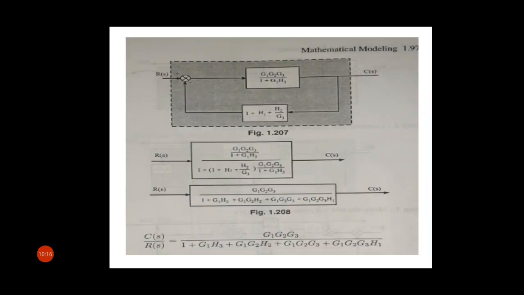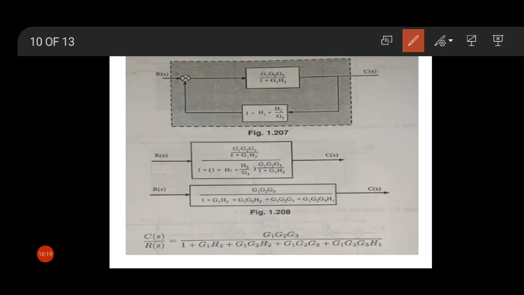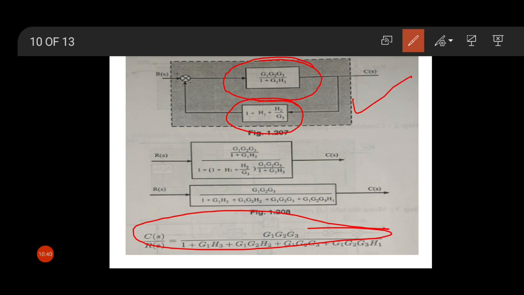After adding the gain of the feedback, we get 1 plus h1 plus h2 divided by h3, and this is our forward path gain, and this is our feedback loop. So now we eliminate this feedback loop. After eliminating this feedback loop, we get our transfer function.